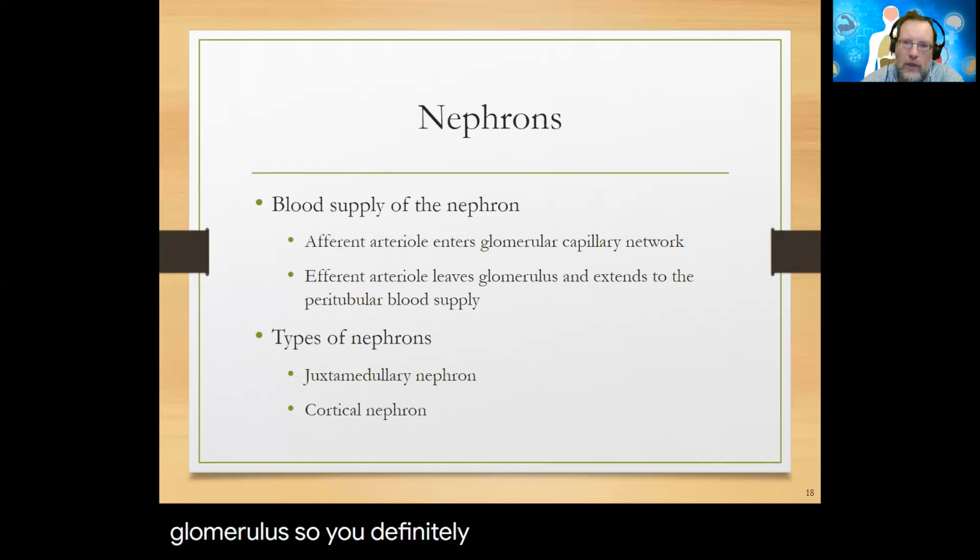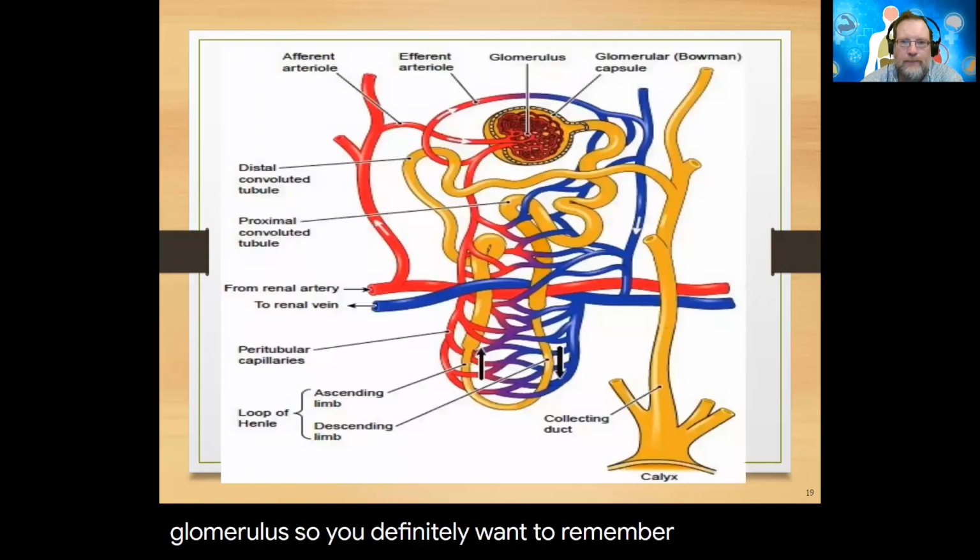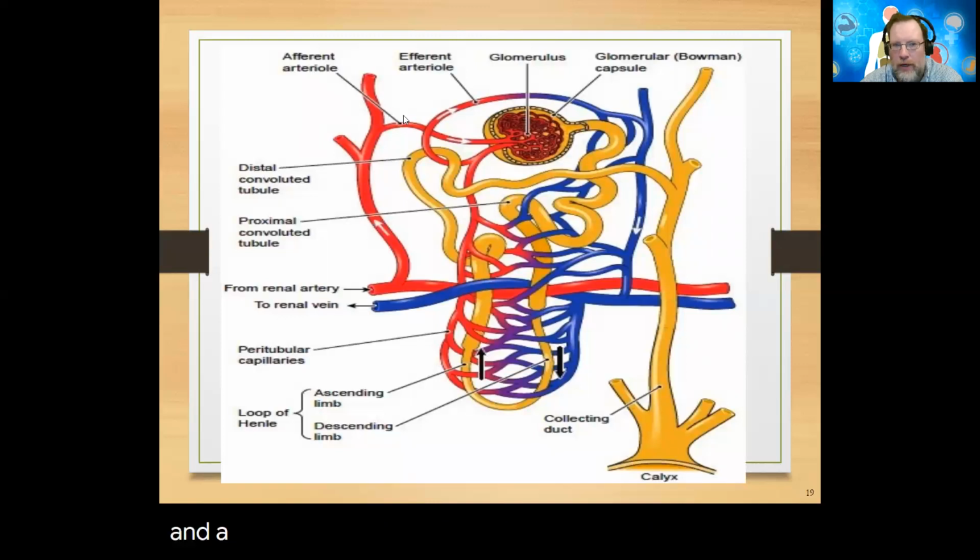So you definitely want to remember that. All right, so let's take a look at a nice illustration. We've got a renal artery and a couple of branches off of that renal artery, and then we get our first afferent arteriole, which is going to travel and again terminate in the glomerulus.